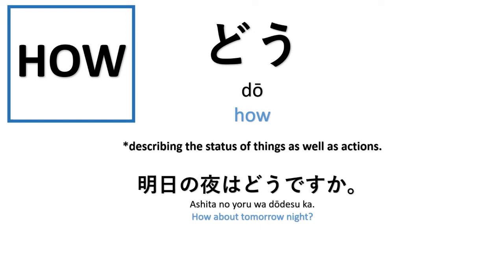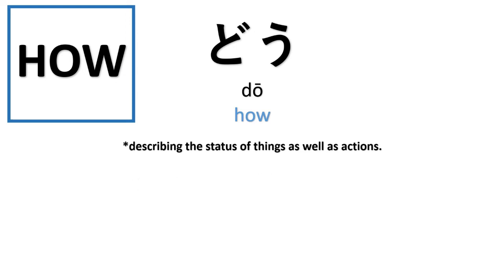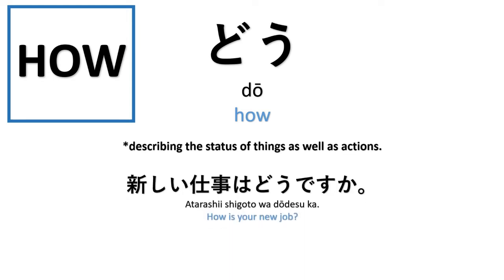Or asking when are we going to meet? Like for example, 新しい仕事はどうですか? How is your new job? So here it is not asking how do you work. Instead, it is asking how the status of your new work is. Okay?